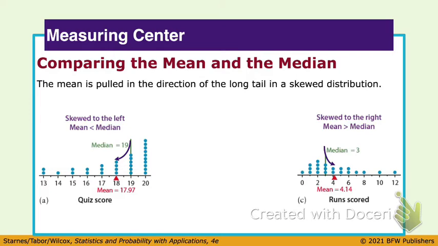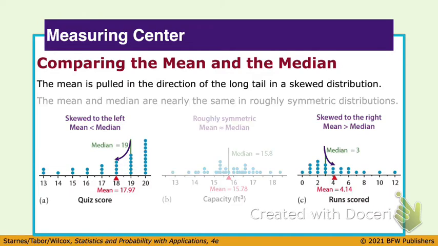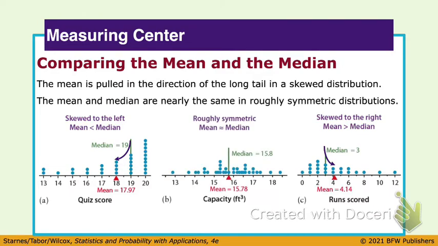So if you know the mean and the median of a distribution, you can tell if it's skewed or not. If they're approximately the same, roughly symmetric, then your mean and your median are going to be pretty close to the same number. They're not always going to be exactly the same, but they're going to be pretty close. But if you have a mean that is lower than your median, you have a left skewed distribution because the mean got pulled to the left.